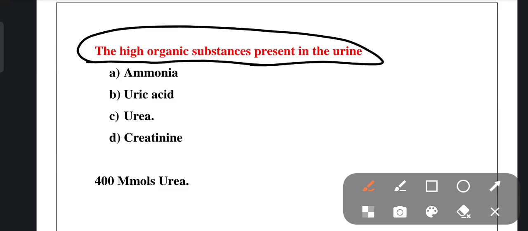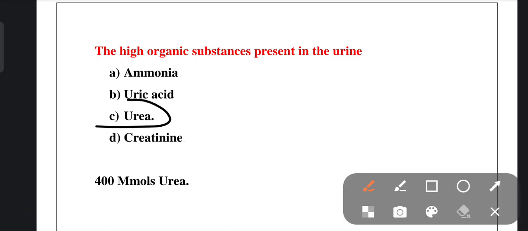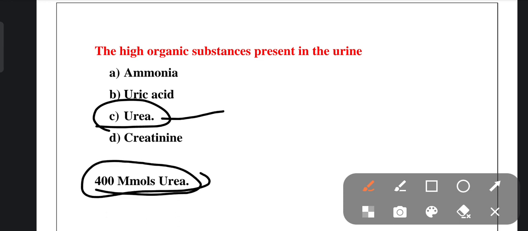Options are ammonia, uric acid, urea, creatinine. The right one is urea. In the blood there will be 400 moles of urea. This is the higher level of the mineral.